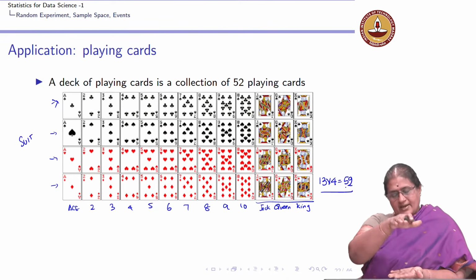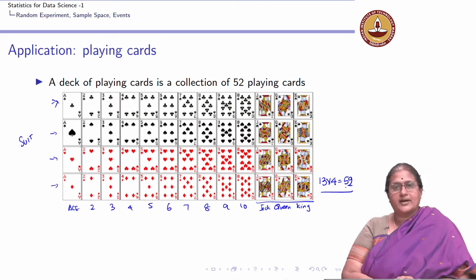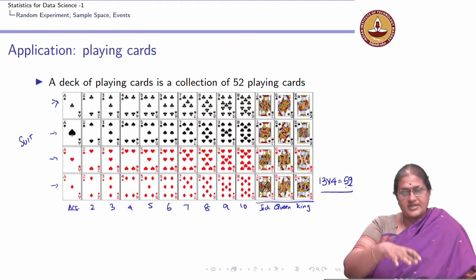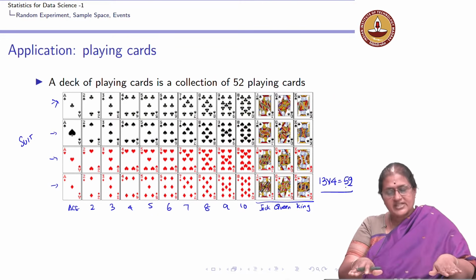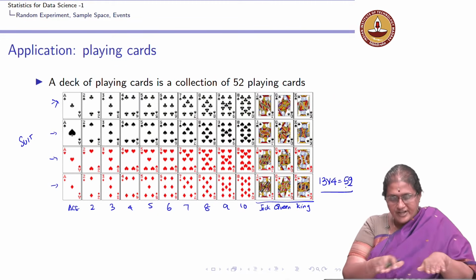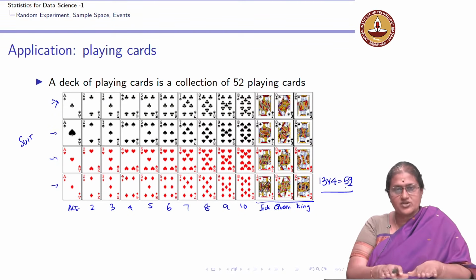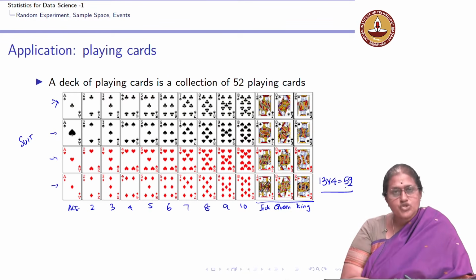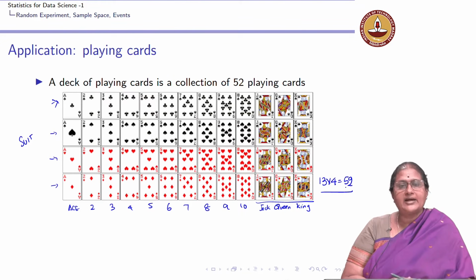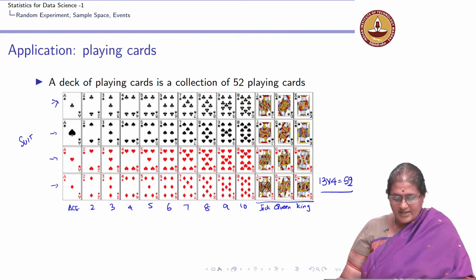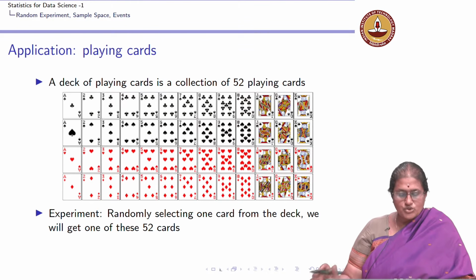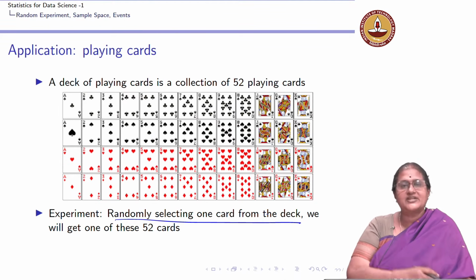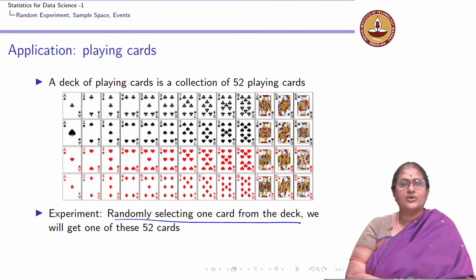Now, if I am laying down a deck of playing cards and I ask a person to choose one of the cards from this deck, all these playing cards are laid face down. Each one of them is laid face down and I ask a person to choose one card. The random experiment in this case is randomly selecting one card from this deck of 52 cards.